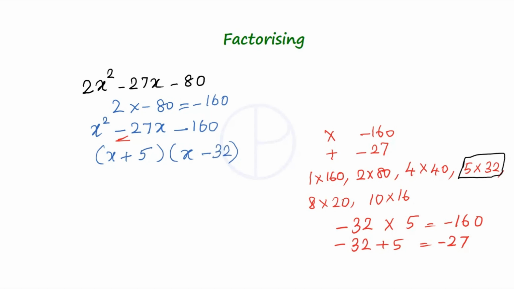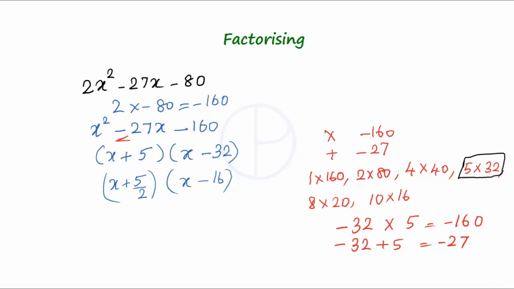Remember, we multiplied by 2 at the start. Now we have to undo that by dividing the number by 2. So x minus 32 divided by 2 is 16. After simplifying, we got this.